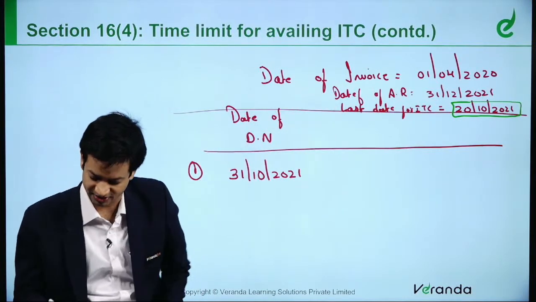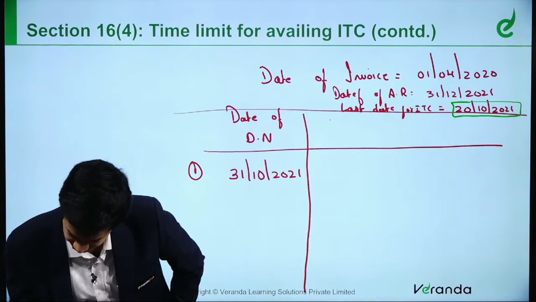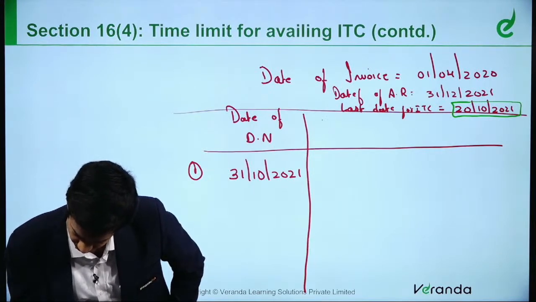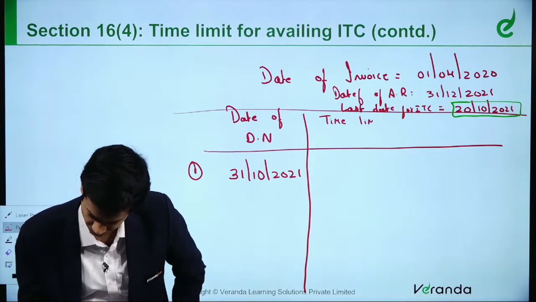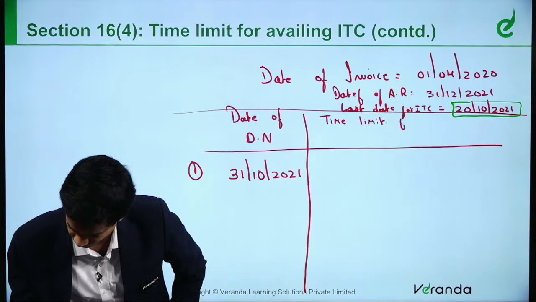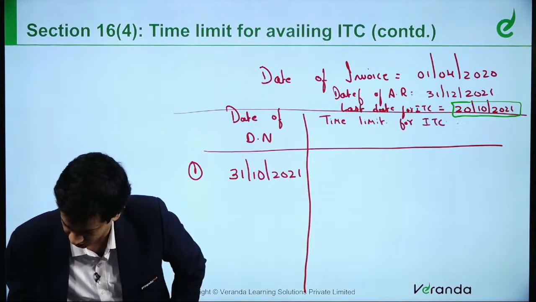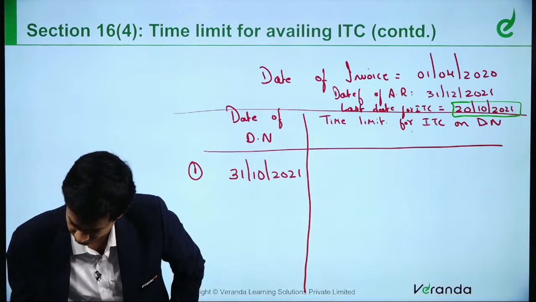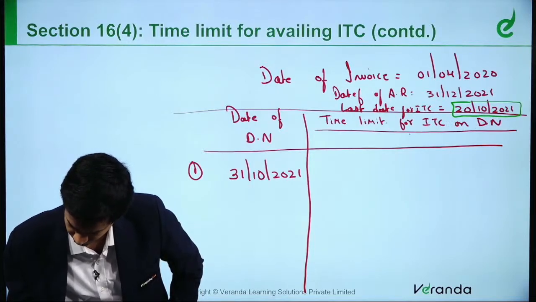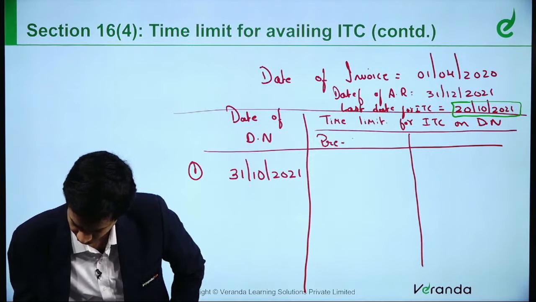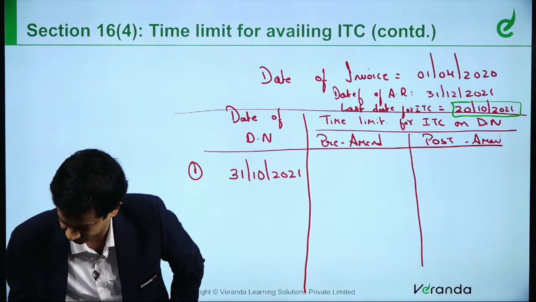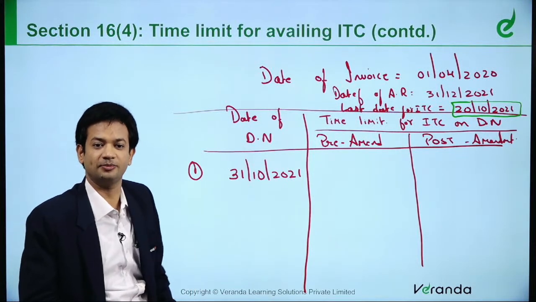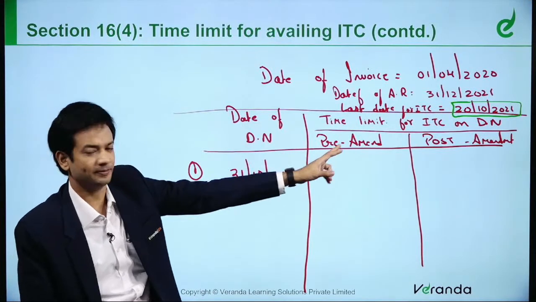Now, if we go by the date of debit note, ITC on debit note: pre-amendment, post-amendment. Time limit for availing ITC on debit note, pre-amendment and post-amendment.